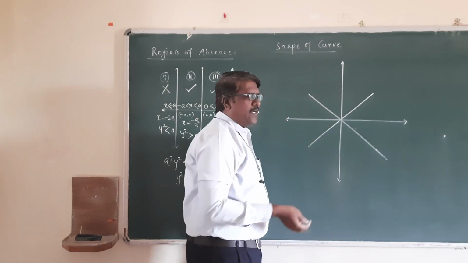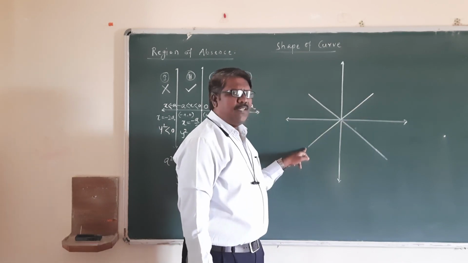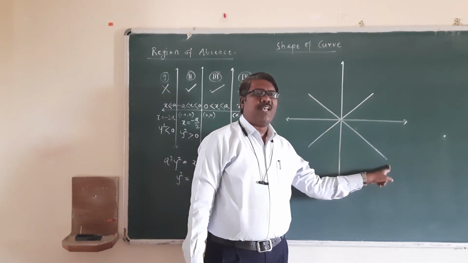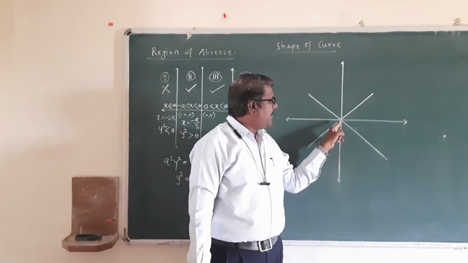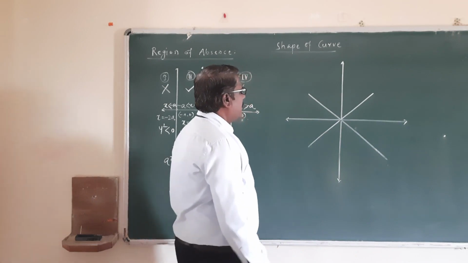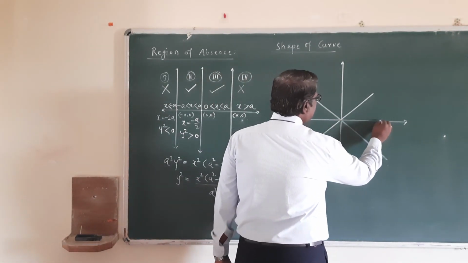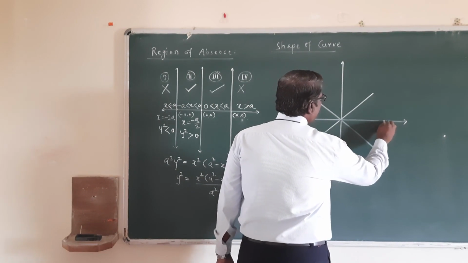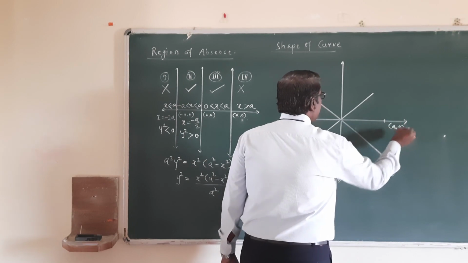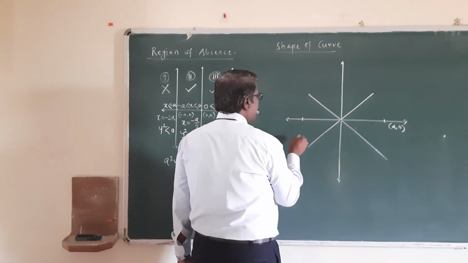Okay. So in the second point already we have decided at the origin there are two tangents, that is y is equal to x and y is equal to minus x, which are real and distinct, and therefore this origin is called a node. Now the third point, points other than the origin. Yes, there are 2 points other than the origin. I will denote that point as a0, and one more point as minus a0.